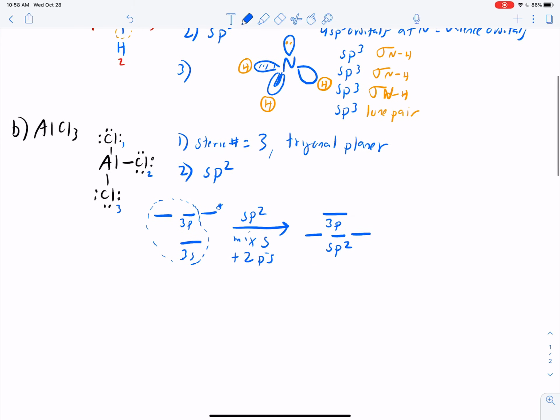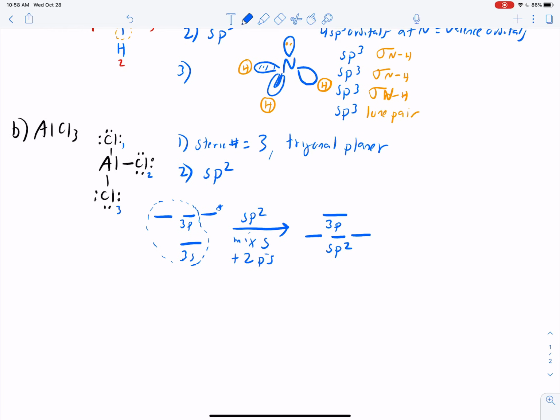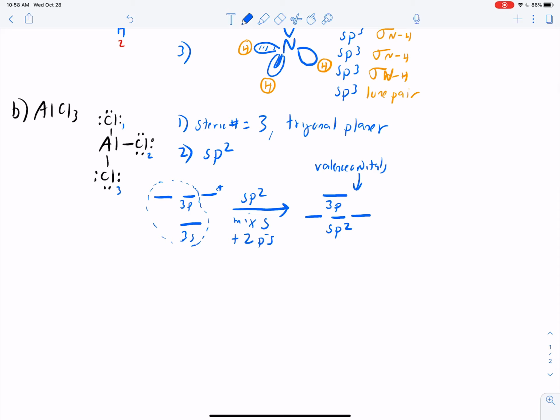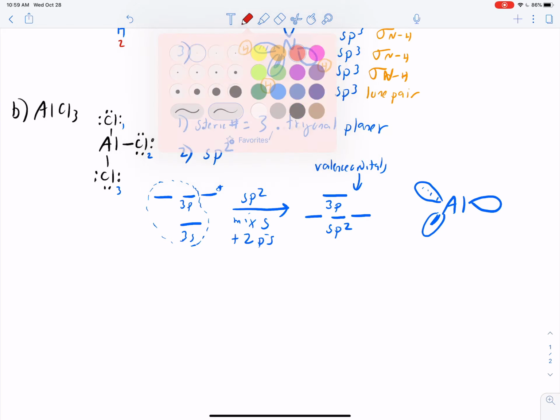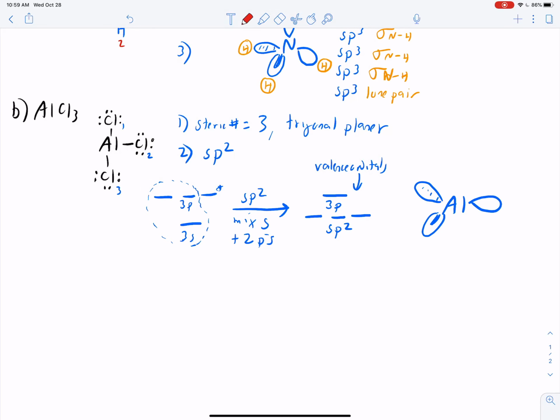All right, so what does that mean? It means that the valence orbitals available at aluminum are those orbitals that we just defined. It's 3 sp2 orbitals plus a p orbital. You may want to see the shape of those, so as a simplified shape, the 3 sp2 orbitals exist in a trigonal planar arrangement.